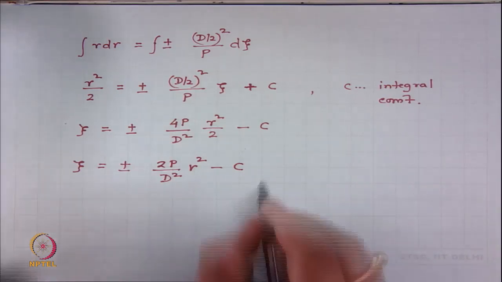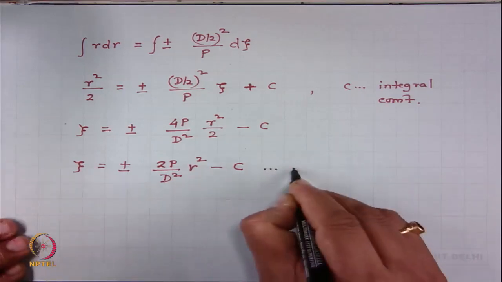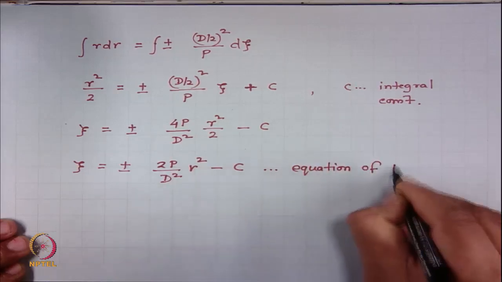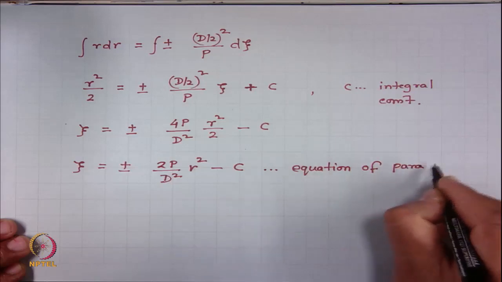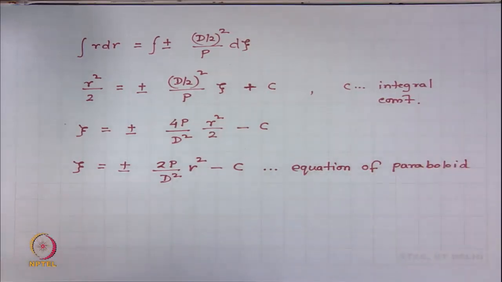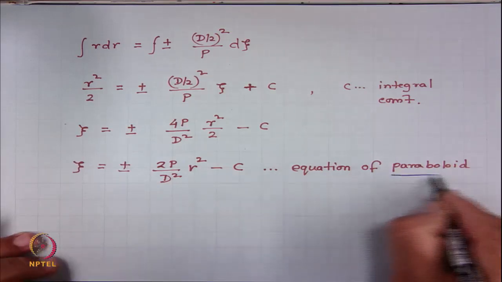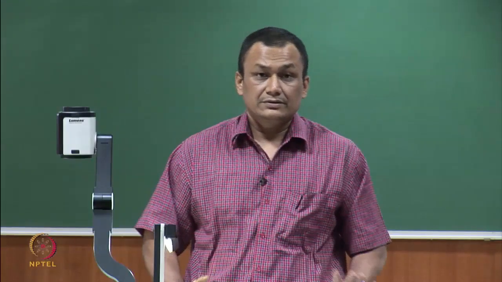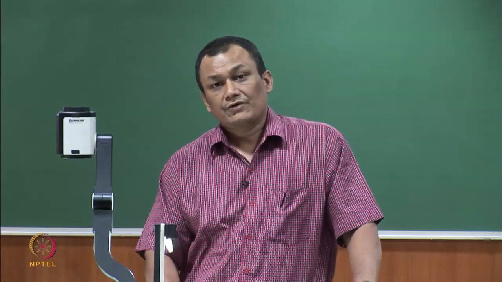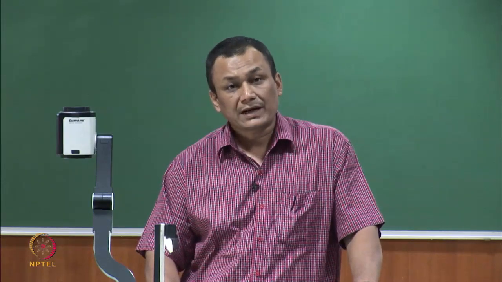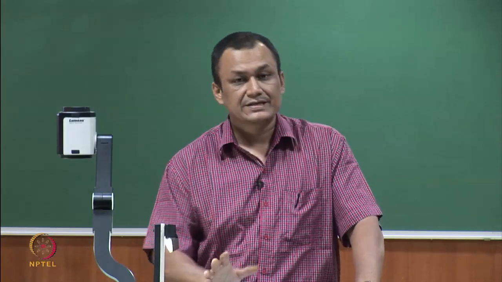This is an equation of paraboloid. So, the corrected form of approximated equation: fiber path is parabolic inside the yarn.